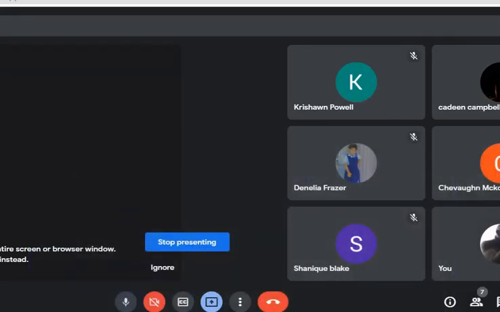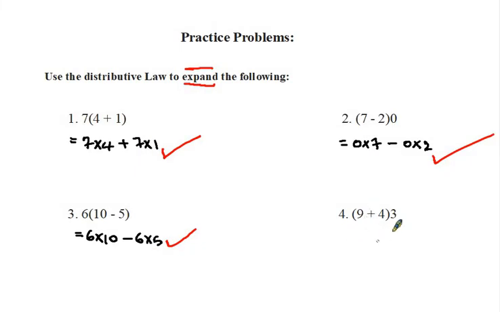Are you next? Yes, sir. All right, this one is for you. What represents the teacher in this case? 3, sir. What represents the students? 9 and 4. Very good.